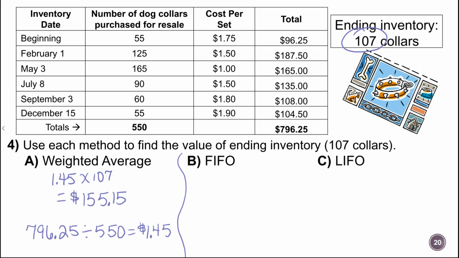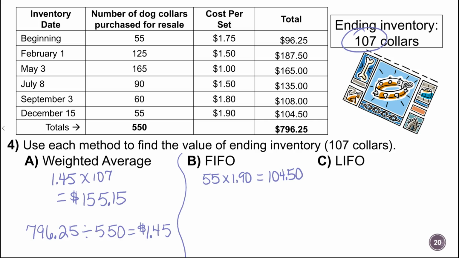And then the first in, first out. First in means that we're selling all the ones that were at the beginning of our chart, and what's left is at the end. So we'll take the 55 times $1.90. I can't really mark up the chart this time. 55 times $1.90. We know that's 104.50.